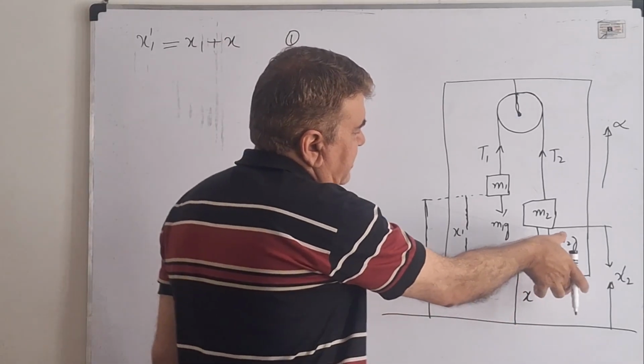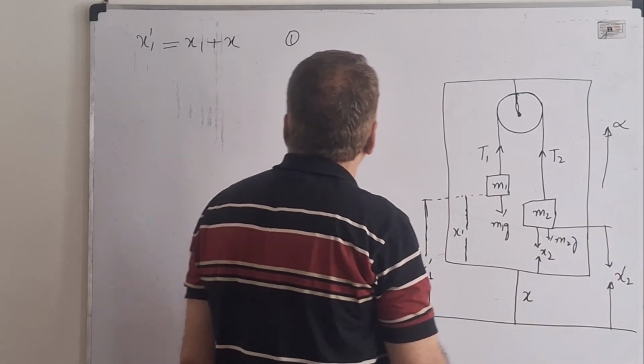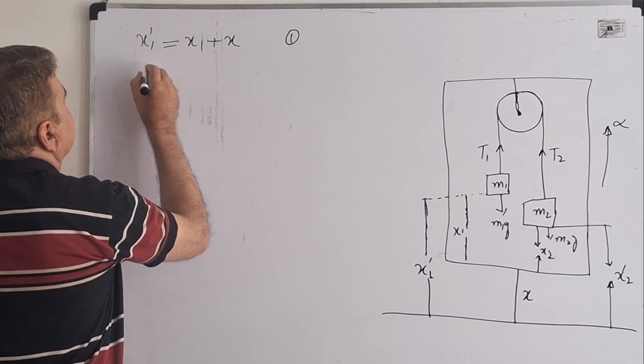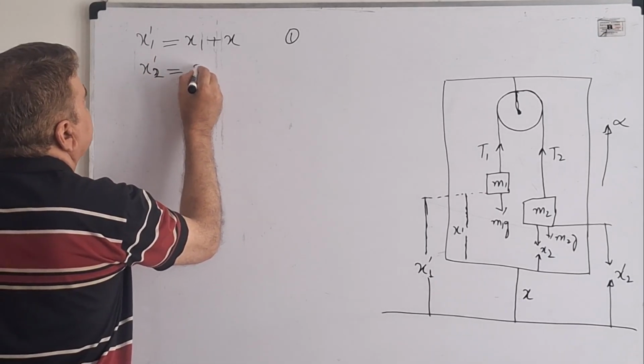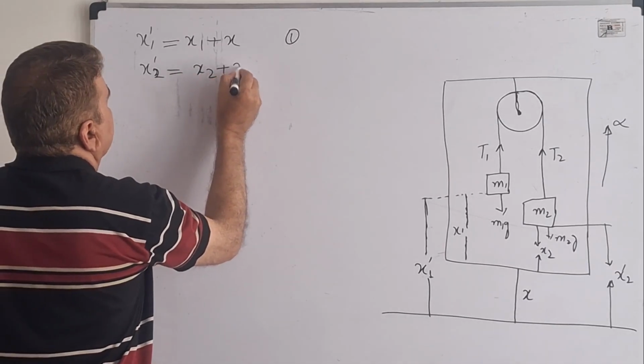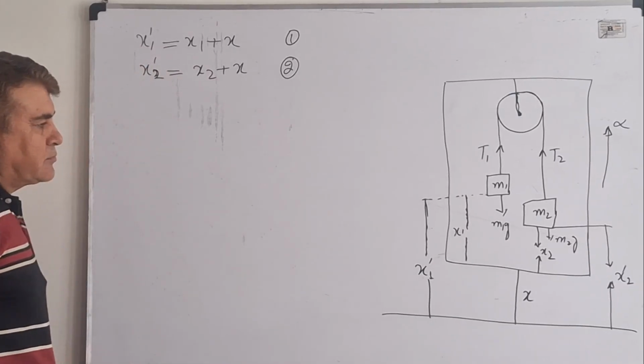And similarly, from this geometry, I see that x2 prime equals x2 plus x, and I call this equation 2.